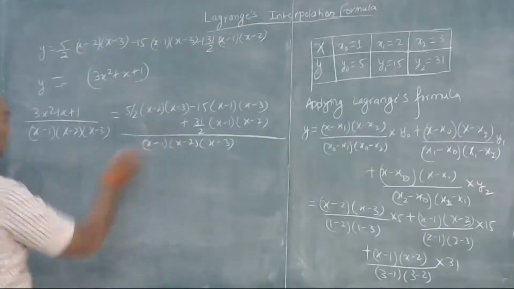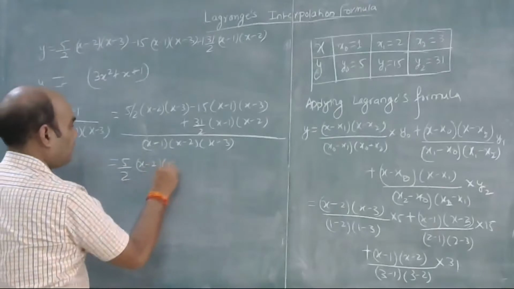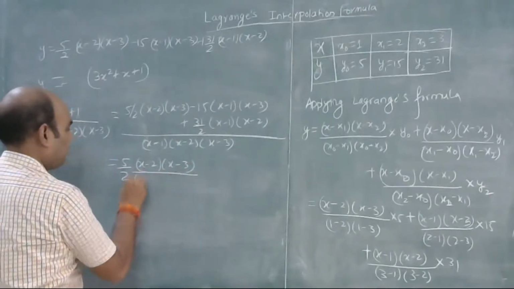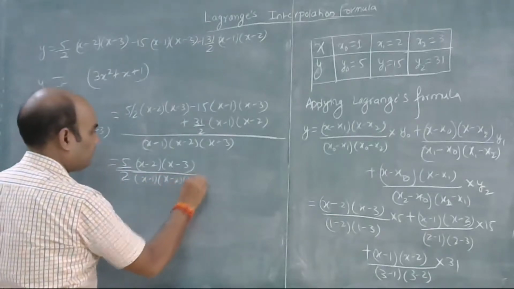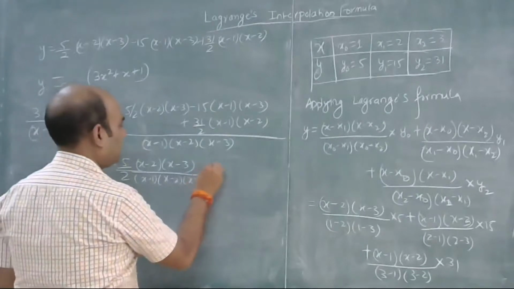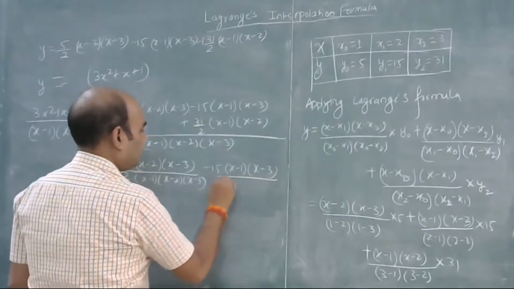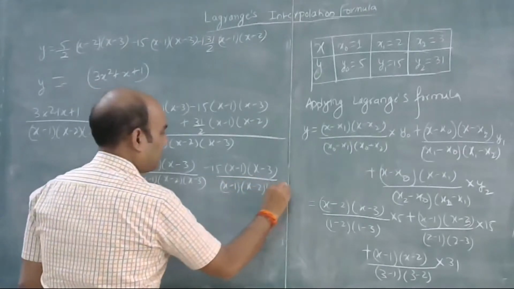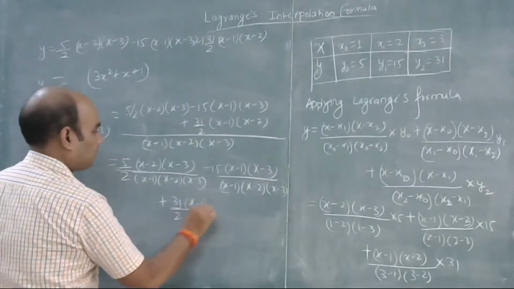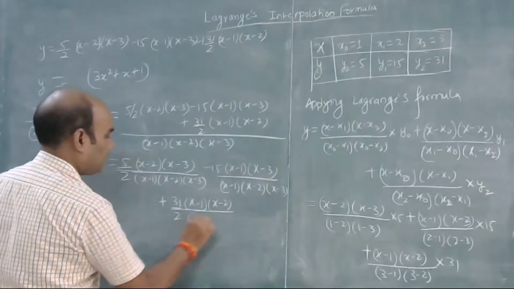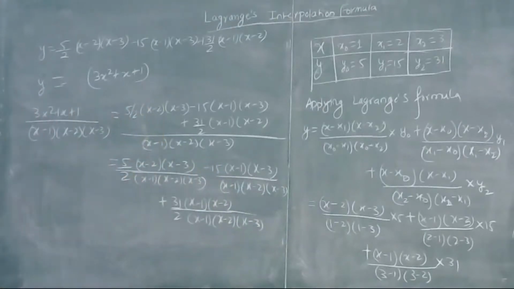Okay, so this will be equal to 5 by 2 (x minus 2)(x minus 3) whole divided by (x minus 1)(x minus 2)(x minus 3), plus minus 15 (x minus 1)(x minus 3) whole divided by (x minus 1)(x minus 2)(x minus 3), plus 31 by 2 (x minus 1)(x minus 2) divided by (x minus 1)(x minus 2)(x minus 3). There will be cancellation.